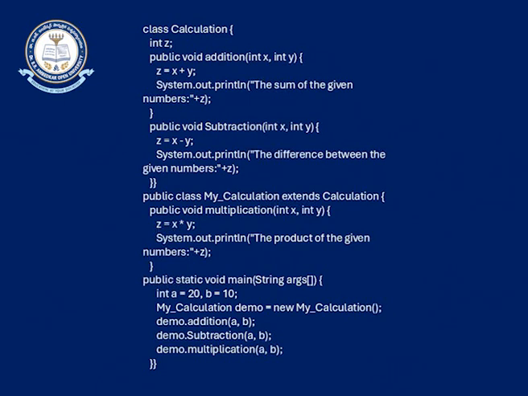Now, it gets control from the main method to the addition method, where I am adding two numbers and storing in another variable. Like that, once again I am calling the same object demo, which is created for the derived class, demo dot subtraction. Does that subtraction method lie in the derived class?